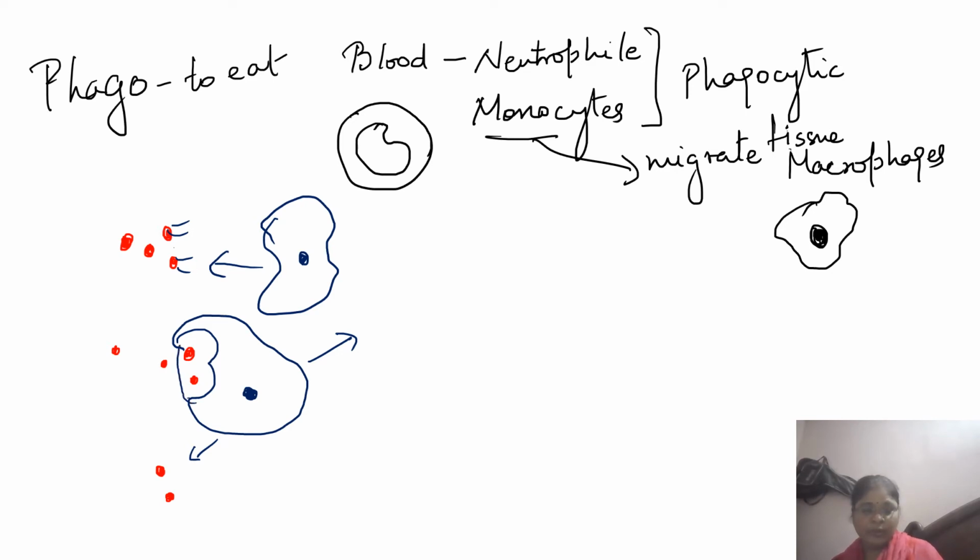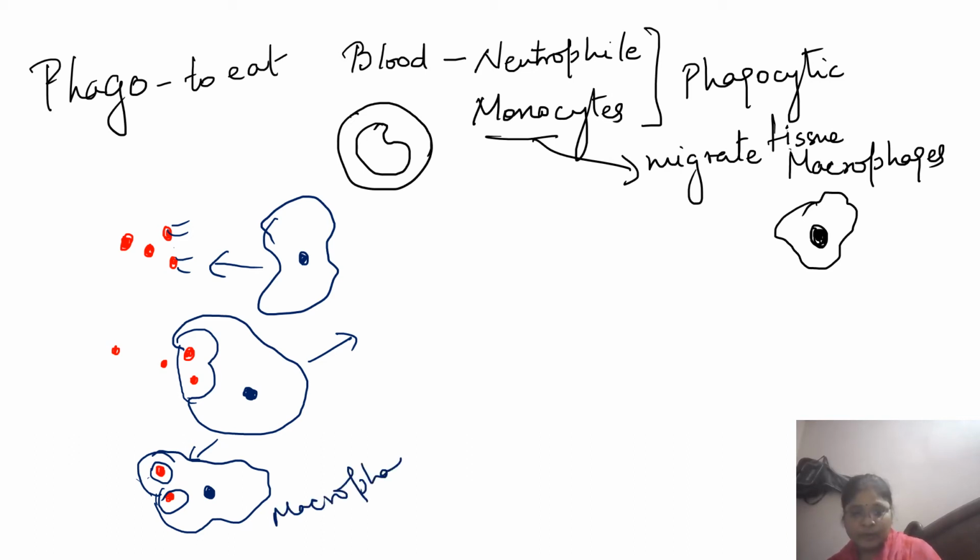As you know, the membrane is a lipid-like molecule, made up of lipids, so it's fluid in nature, and therefore they will take this bacteria inside. They will form a membrane around it and engulf the bacteria, so it comes inside the macrophage.